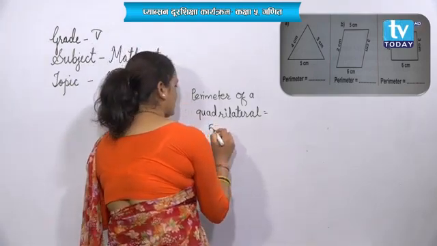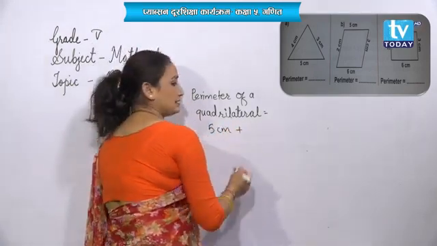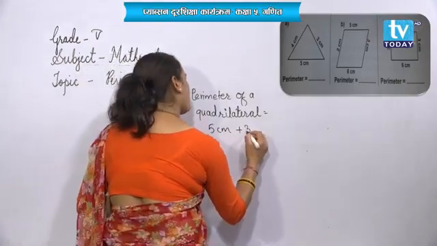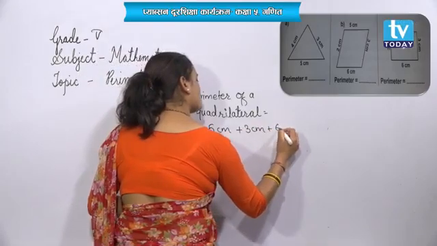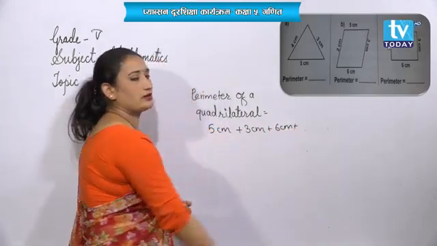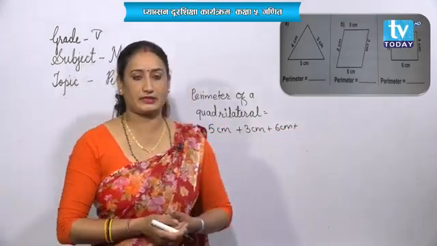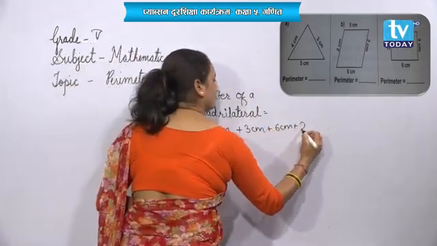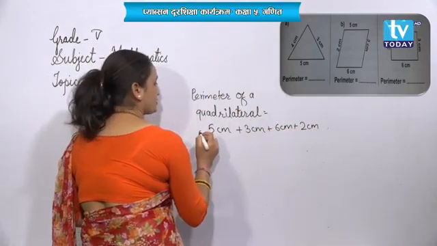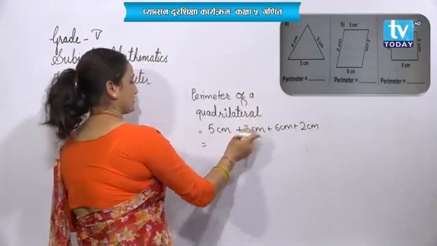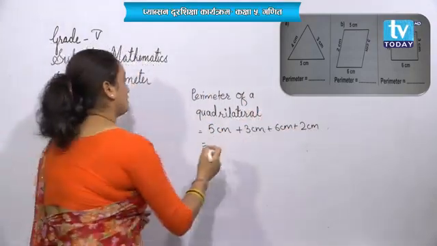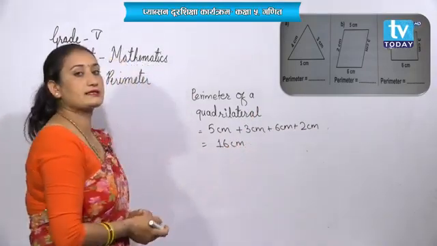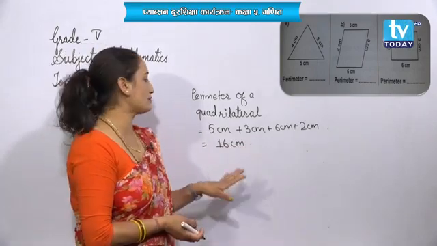You can write here 5 cm plus 3 cm plus 6 cm, and then what is given over here in your picture? Please tell me that. 5, 3, 6 and 2 cm. You can see the picture and write down the answers. It's 16 centimeter. Is this the answer? Have you got the same answer or not? Please check it.